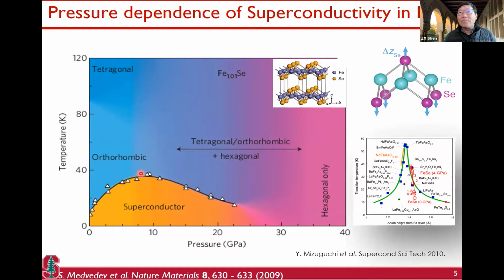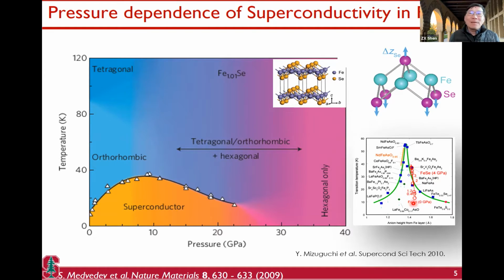And when you look at more detail, it turns out that one of the most interesting things is, in these iron selenium layers, the height of the selenium atom, and the extremely sensitive function of this height. And you can see either different compounds, they go this way, or the same compound under pressure. And that's the pressure dependence here, the red point.